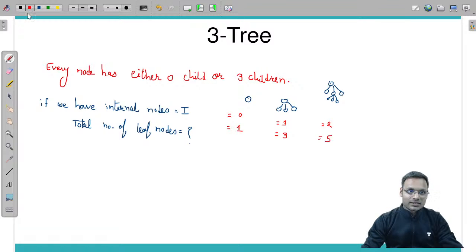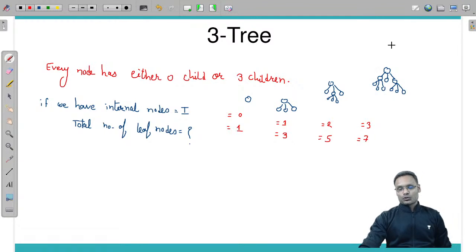It increased by 2. Then if we have the tree like this way, with 3 internal nodes, we will be having 7 leaf nodes.